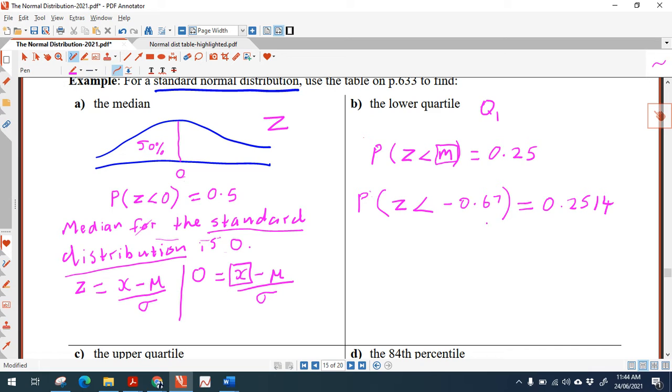Now, if you look at these two numbers here, here's the comparison. I didn't get exactly 0.25 from the table, so the best I can do is this.